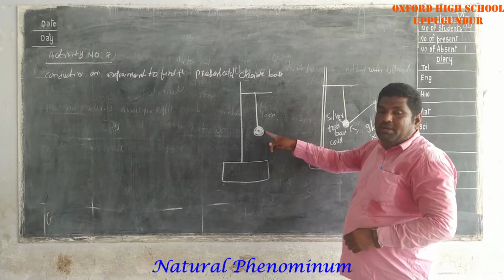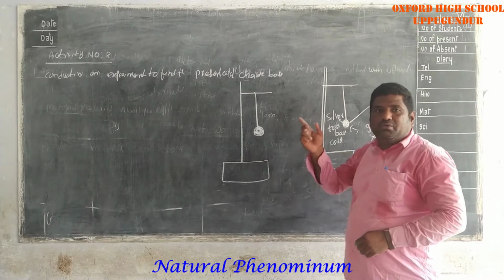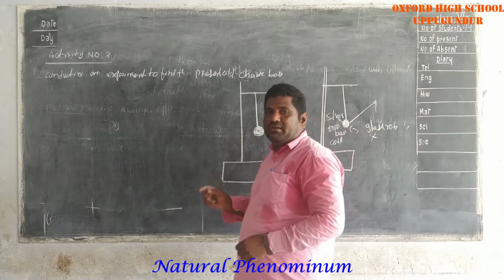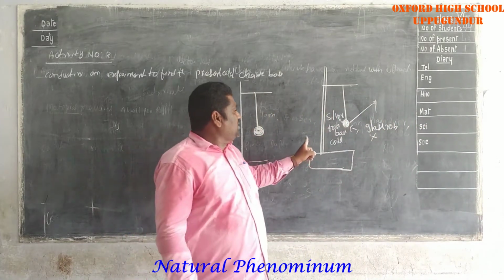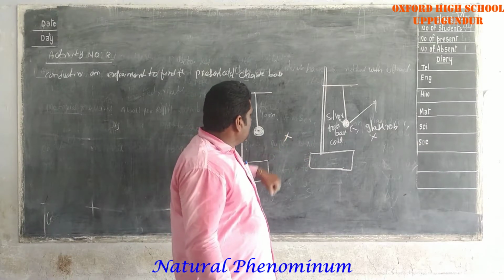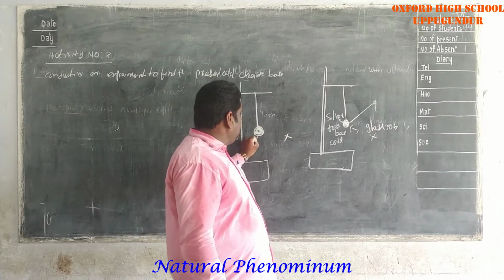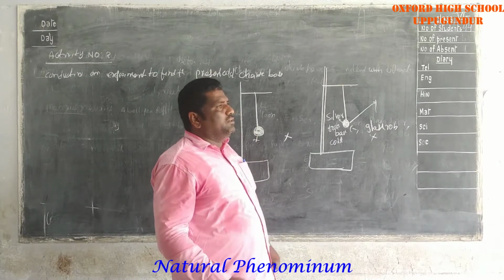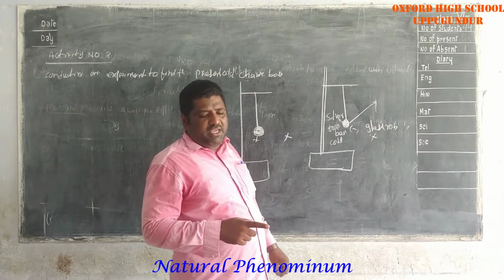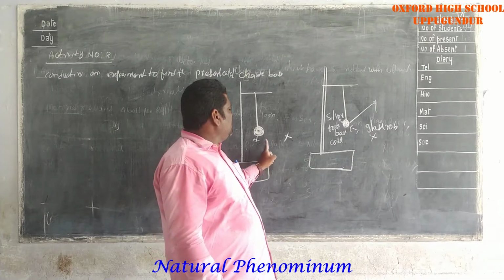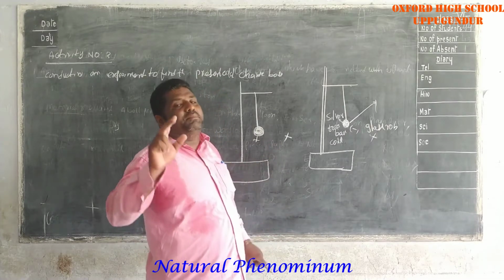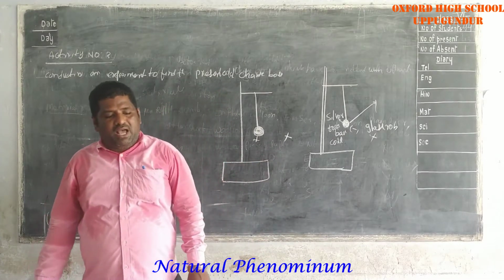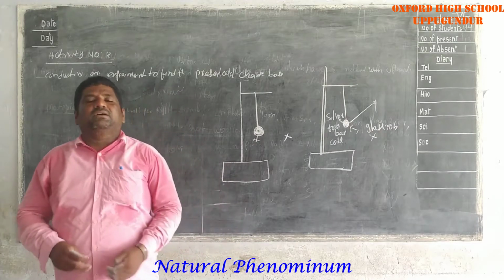The ball immediately changes its position, because the glass rod has a positive charge and the silver foil has a positive charge. So these two repel each other. Because of that, the ball goes some distance away.